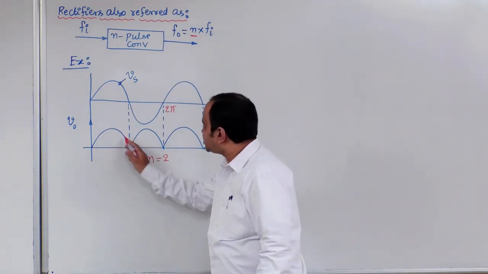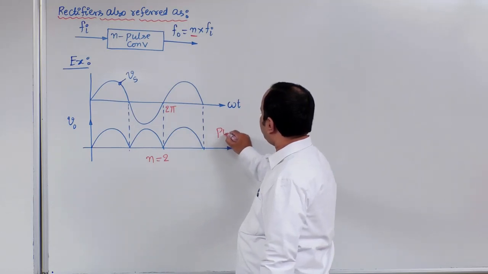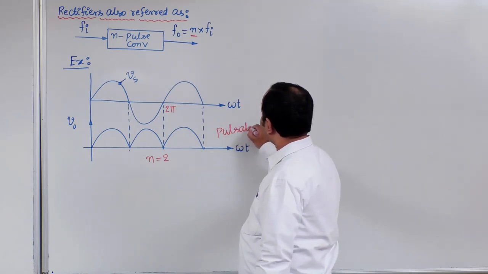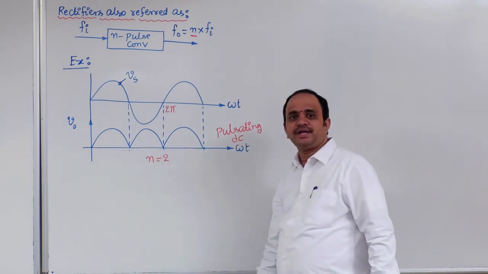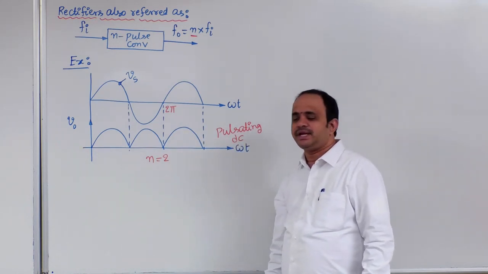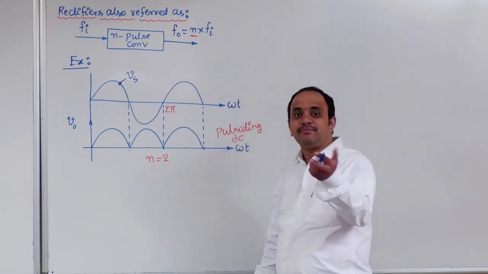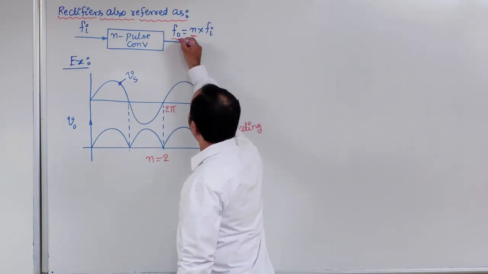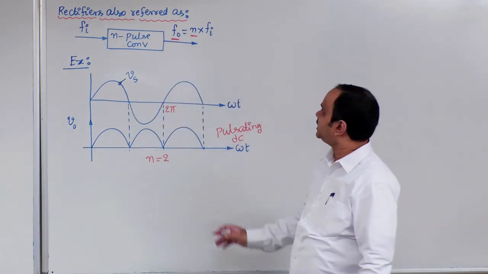This type of waveform is called pulsating DC. What do you mean by pulsating DC? This waveform contains a ripple component. So the ripple frequency is referred to with this F0.